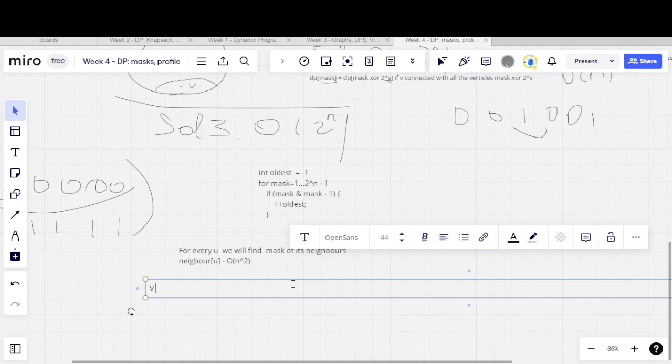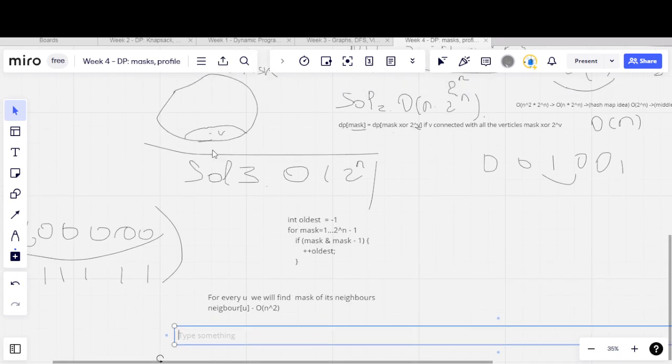So after this we can say that if our vertical v... one second.